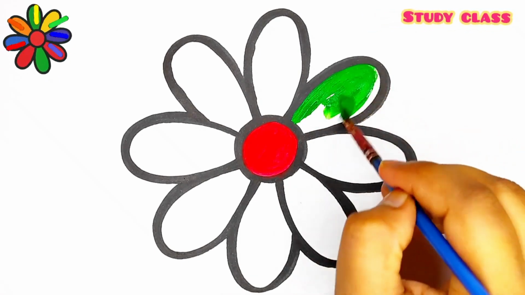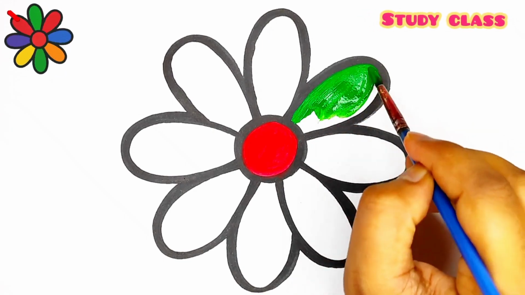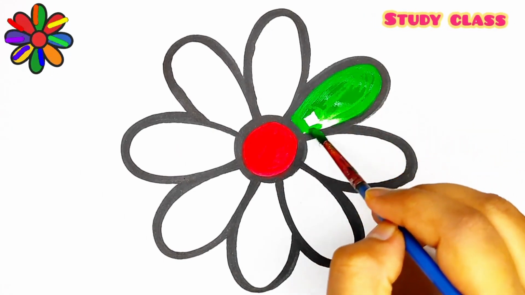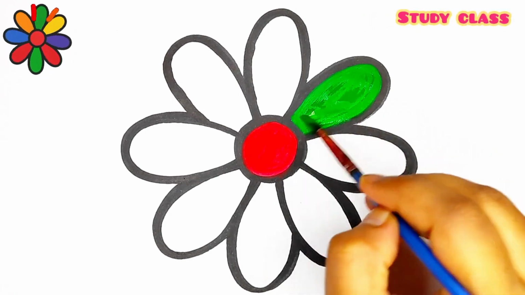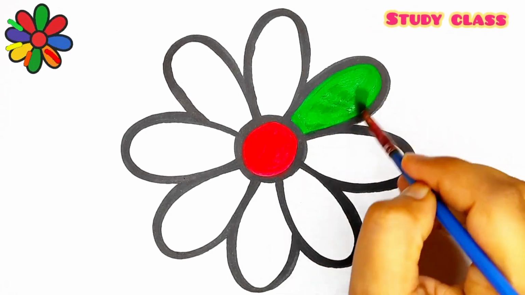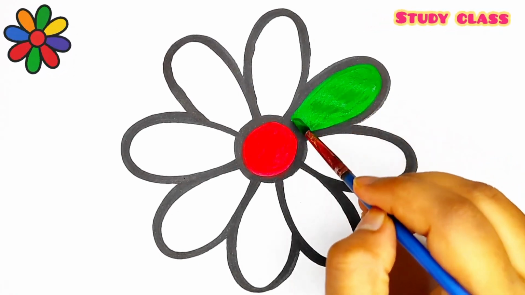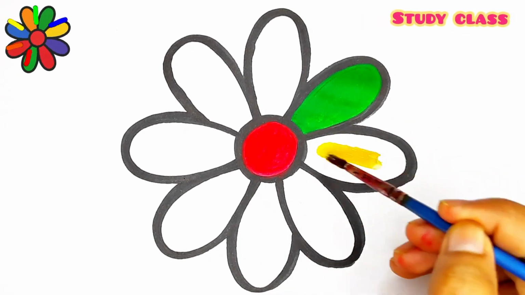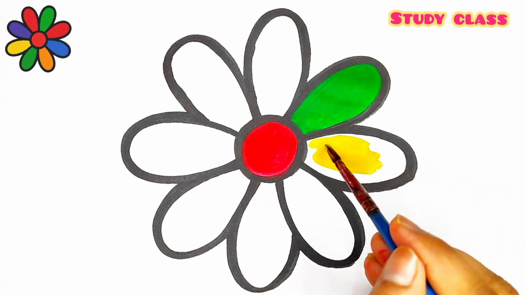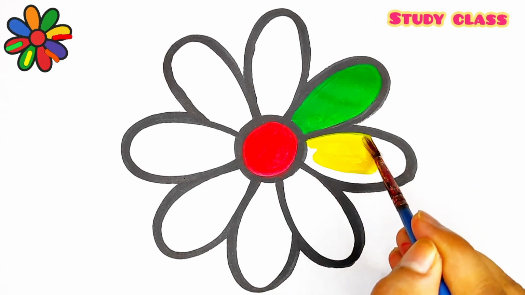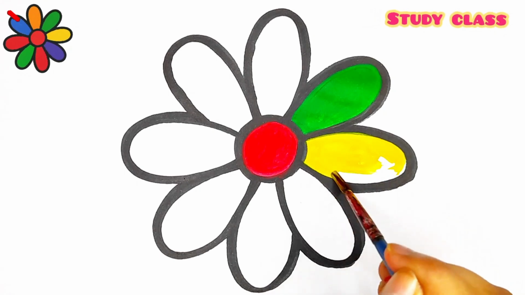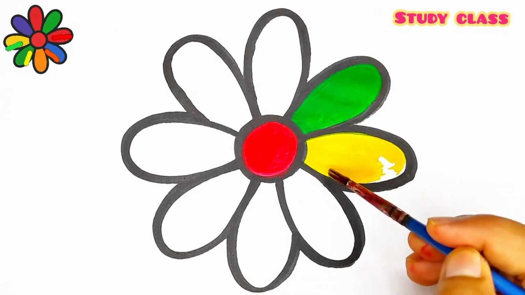Flowers can be red, yellow, blue, pink, and many more colors. Yellow color. We can plant flowers in gardens to make them pretty.